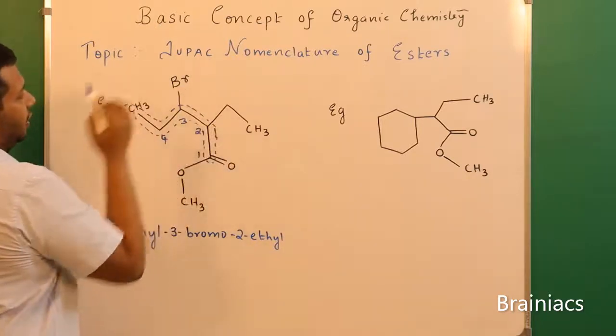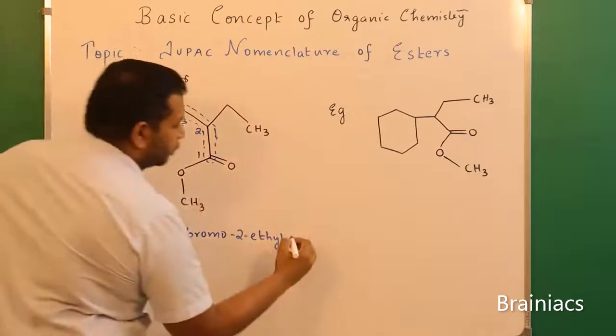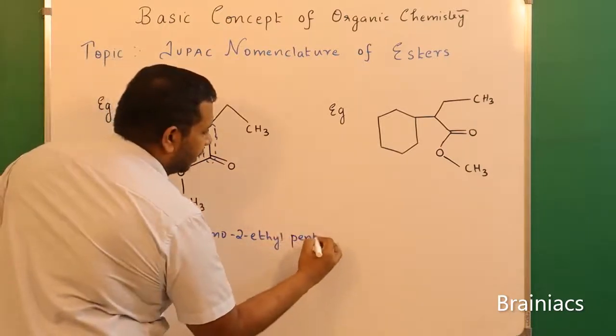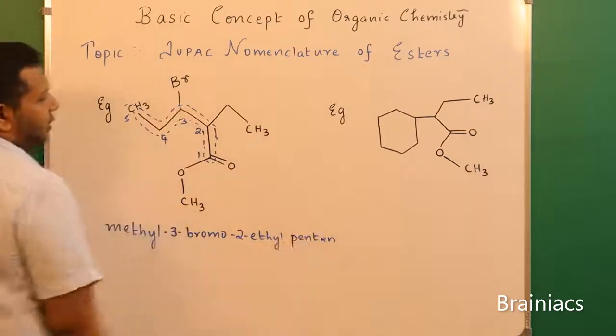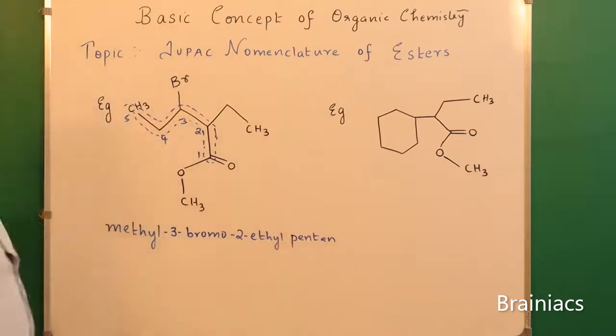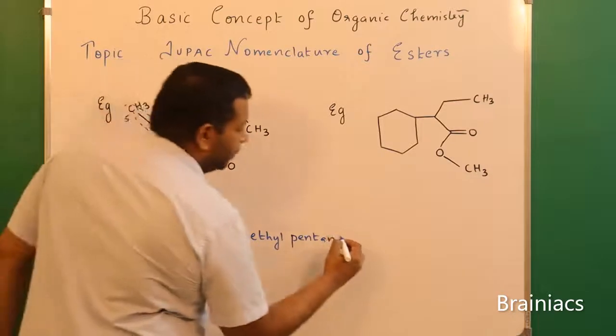How many carbons are there? 5 carbons are there. So I use the word root pentane. All are connected as single bonds, so I use the term pentane. And we know the suffix used, it's an ester, so the suffix used will be oate.